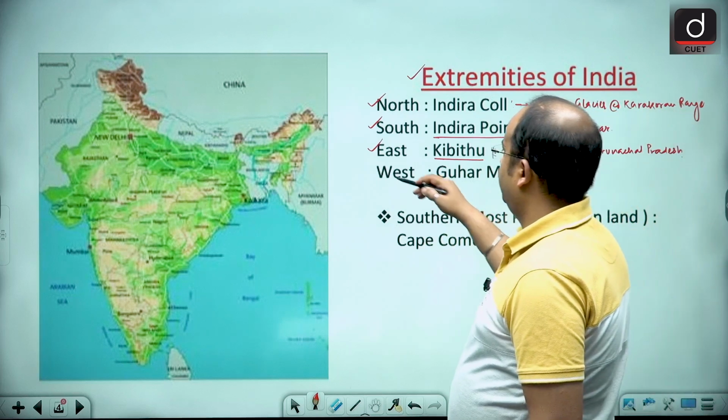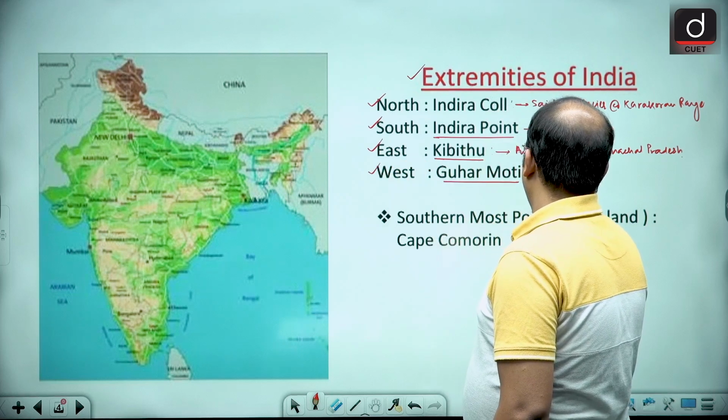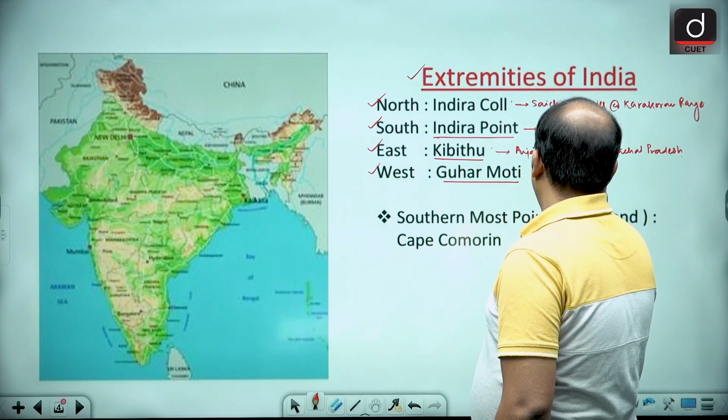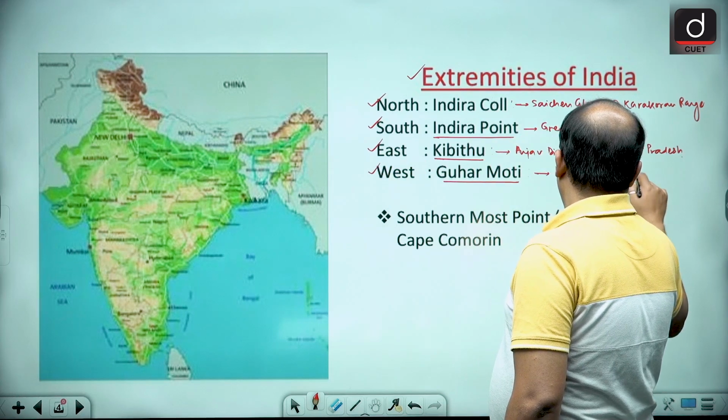And then we have the westernmost point. This is called Guhar Moti, and it is located in Kutch district of Gujarat.